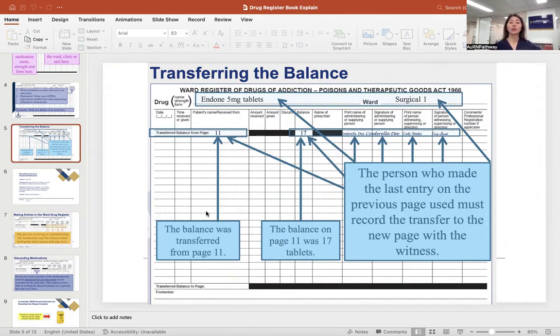So you would write that page number, and obviously you'll carry over the balance. Whoever is transferring it will be the one who writes their name in the administering person. Just to highlight, whenever we do a signature, it has to be the full signature. It can't be your initials. So I hope that's nice and clear, right?